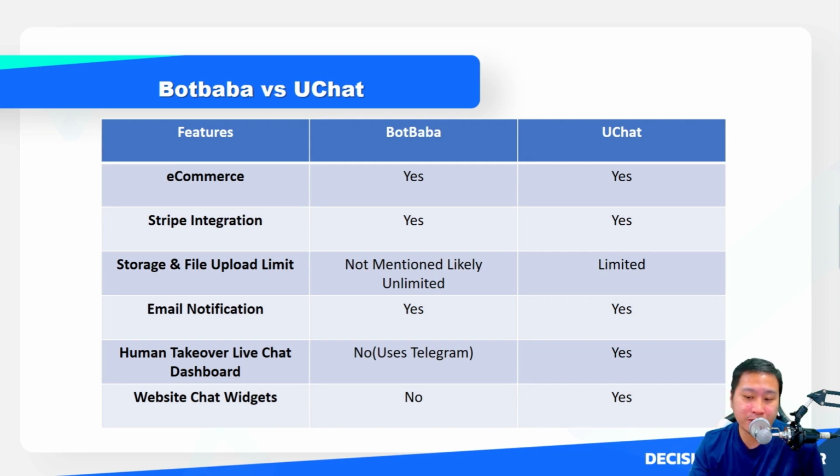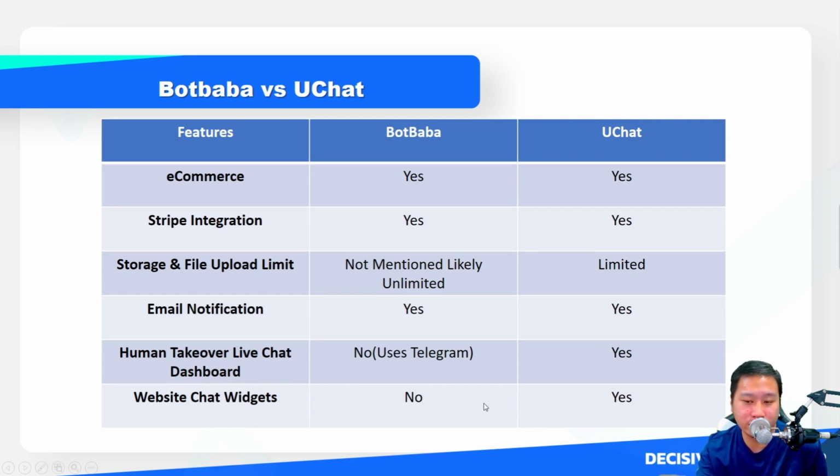Next is the website chat widgets. Botbaba doesn't have one. Not that it doesn't have one, I think you can embed a WhatsApp chat widget. I think I made an error in the table here. This should be yes, and UChat is also yes.